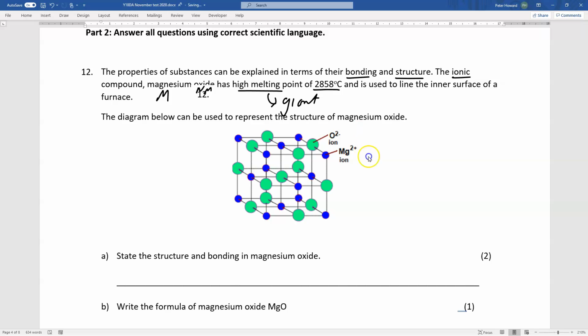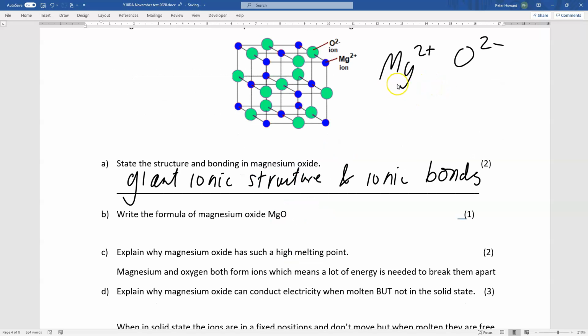And here is a picture. In the picture, we can see it tells us the formula of a magnesium ion is 2+, the oxide ion is 2-. So it's got a giant structure, and the type of bonding found will obviously be ionic. So formula, the ions have the same charge, so the formula is just MgO.